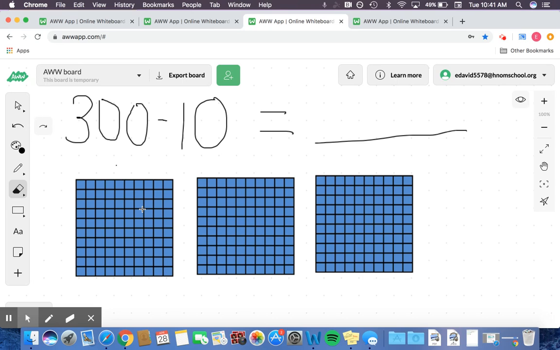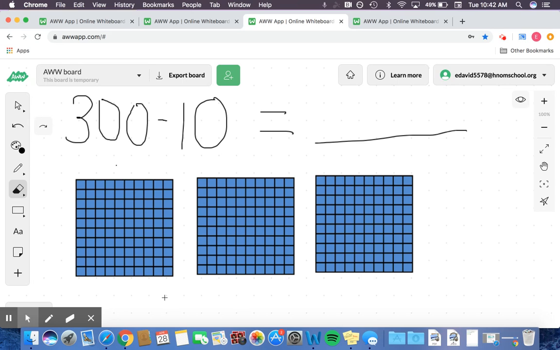In these 100 flats, there are 10 rods each. 1 ten, 2 tens, 3 tens, 4 tens, 5 tens, 6 tens, 7 tens, 8 tens, 9 tens, 10 tens. Okay, so 300 is made up of 30 tens.